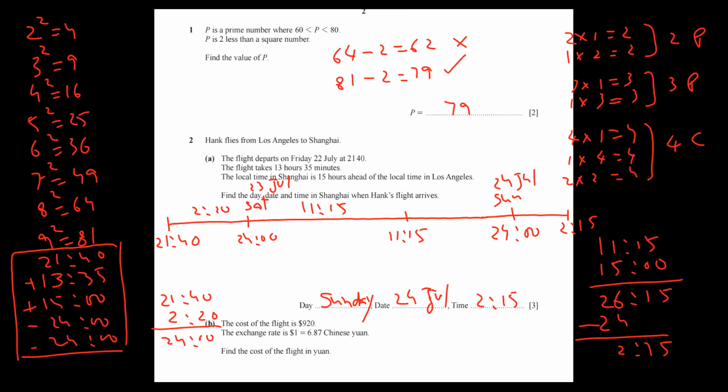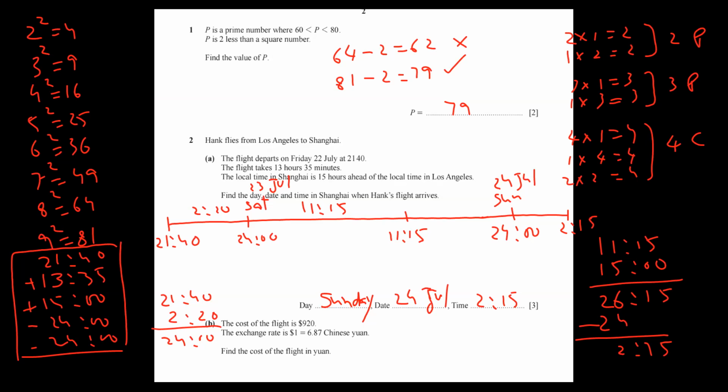So 2140 plus 1335 plus 15 and 0 minutes and minus 24 and minus 24 two times. And we get 2 hours and yes, 2 hours and 15 minutes.